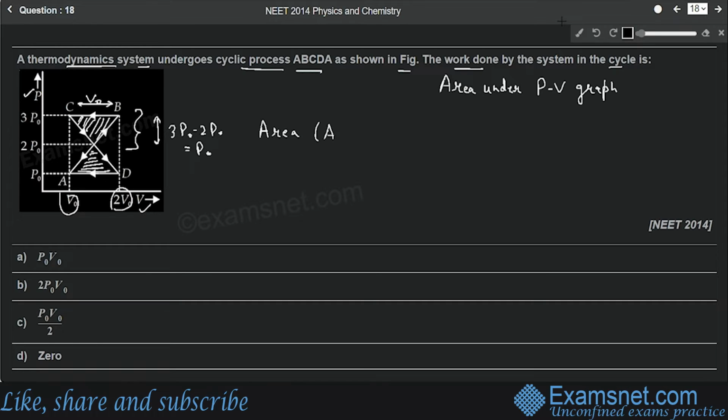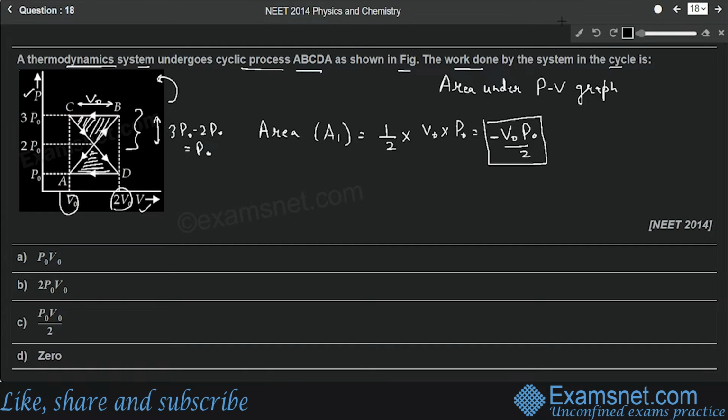Area, that means A1 will be equal to half into base into height. So half into V0 into P0, that is equal to V0 P0 by 2. But if you look at the direction of the arrows, you can see that the direction is anti-clockwise, okay, like this. So for anti-clockwise direction, we put a minus sign. So this is the area of the upper triangle.